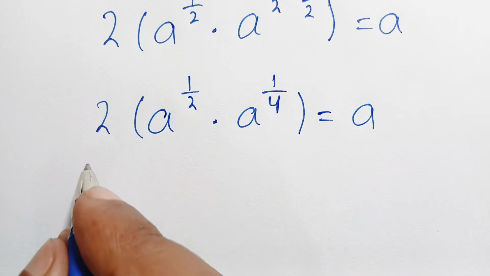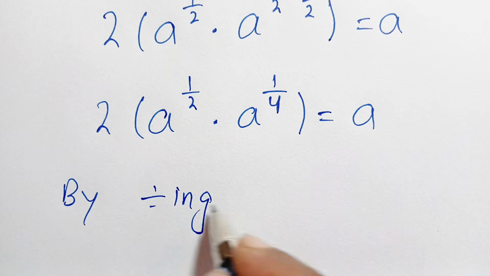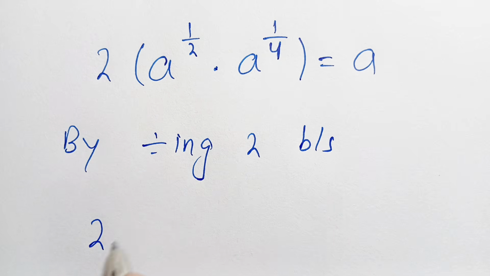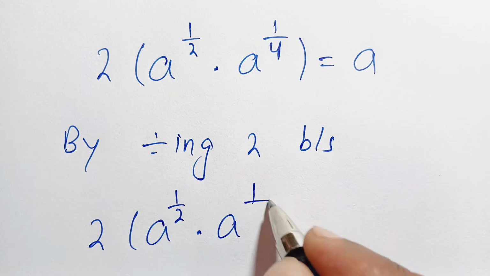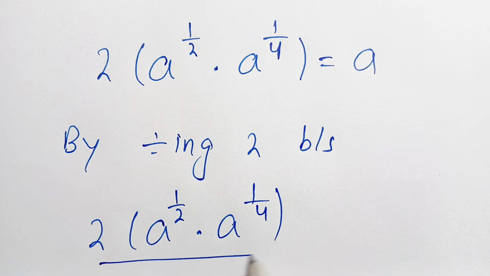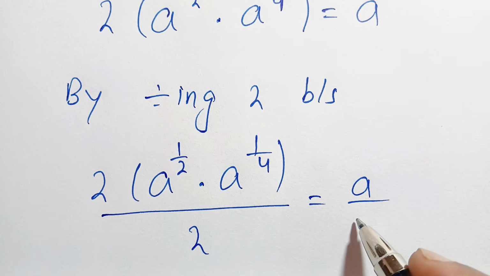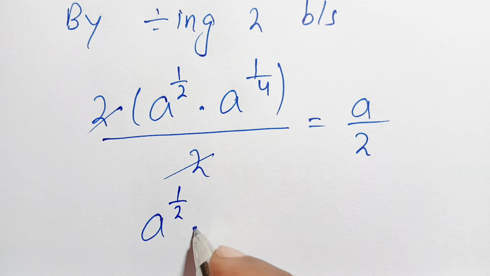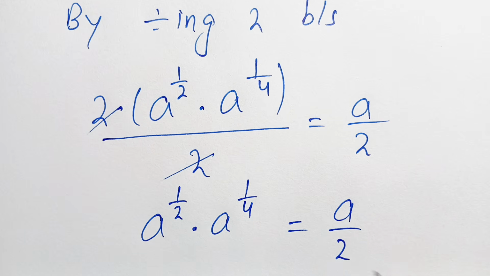Now by dividing both sides by 2, this becomes 2 times a power 1 by 2 a power 1 by 4 divided by 2, and on the right hand side a divided by 2. So cancelling the like terms, the leftover is a power 1 by 2 times a power 1 by 4 equal to a by 2.